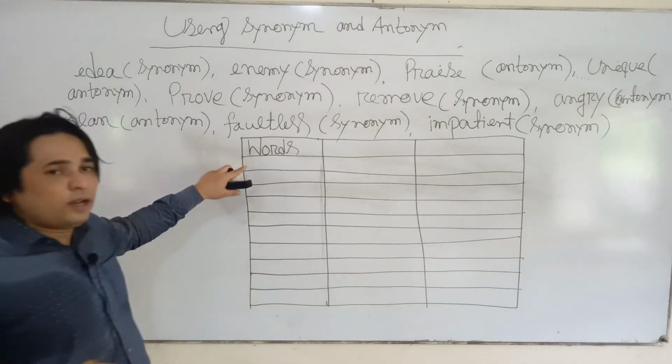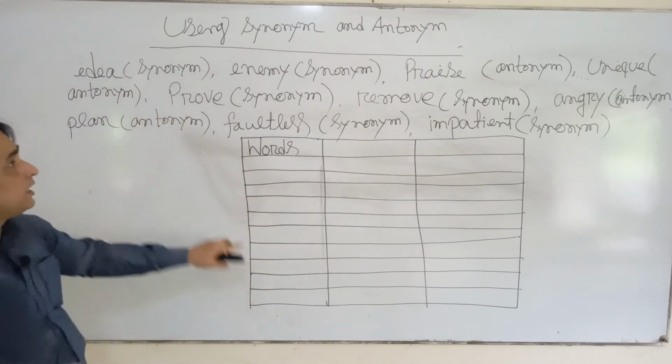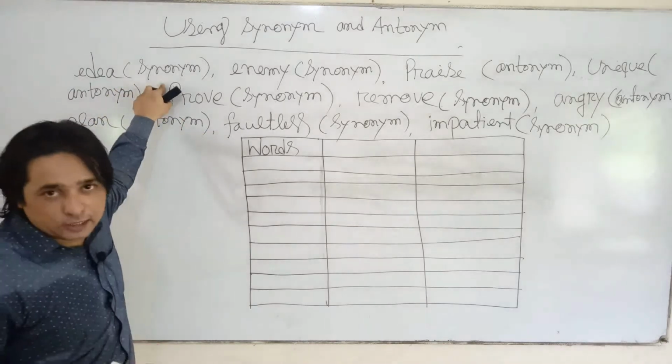Here you will write down the words consecutively that are given at the very end of the passage with direction in the bracket.